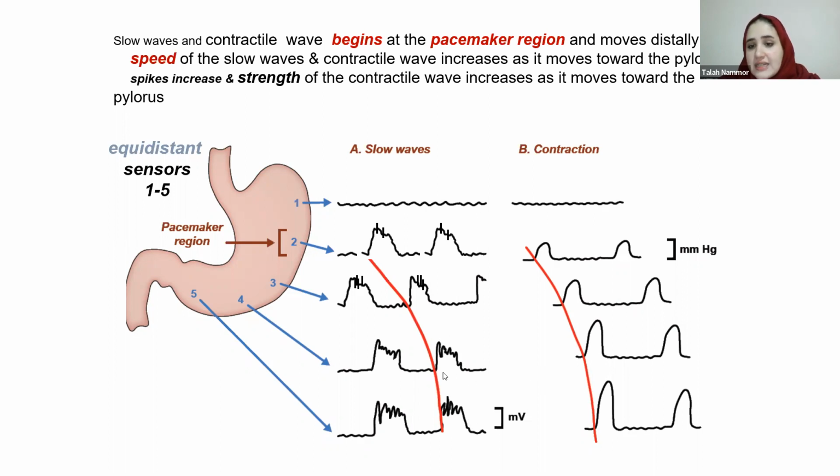This increase in the spikes and in the electrical signal will cause an increase in the amplitude of the muscle contraction. You can see that the amplitude of this muscle contraction compared to this one is way stronger.